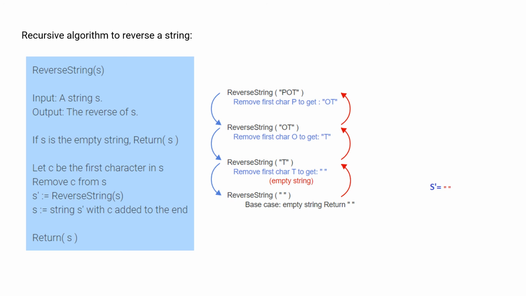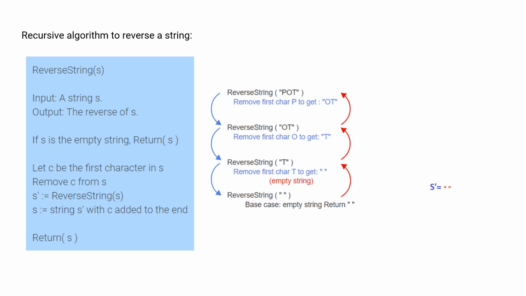But anyway, where we're at is we've just passed in the empty string to reverse string and got something returned, which is the empty string. And again, you see over here on the left, what gets returned, we call that S prime. So S prime is now the empty string.